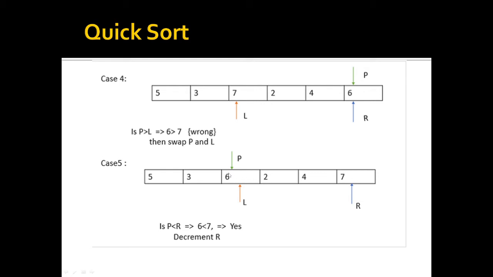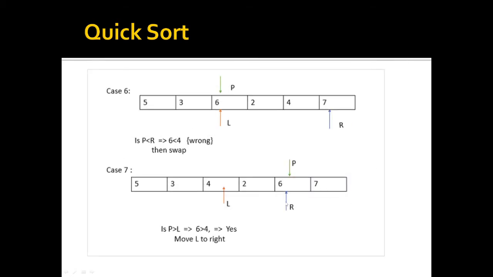Is 6 lesser than 7? That's right. So that means we now move the right pointer to the left, just the opposite of our left pointer, so we subtract 1 from our R. Our R now becomes 4.